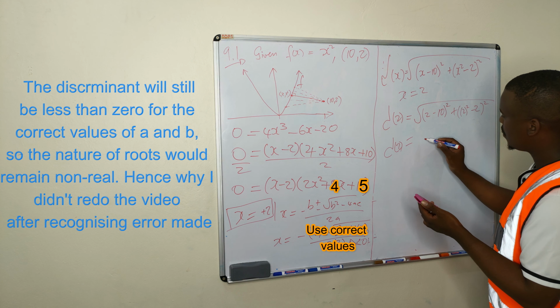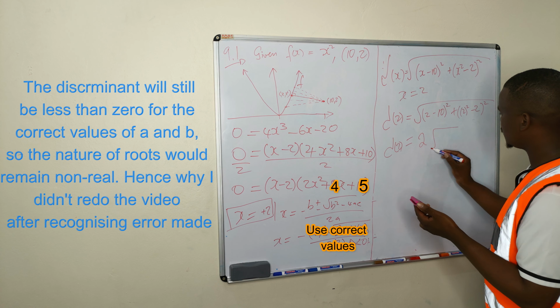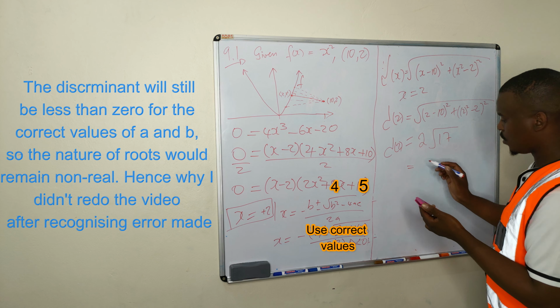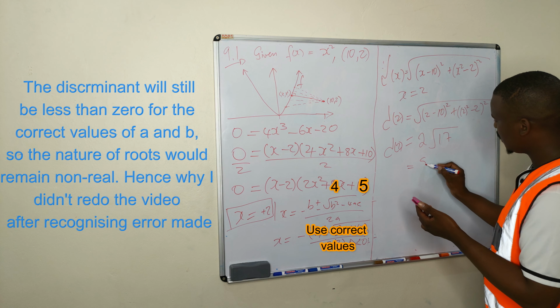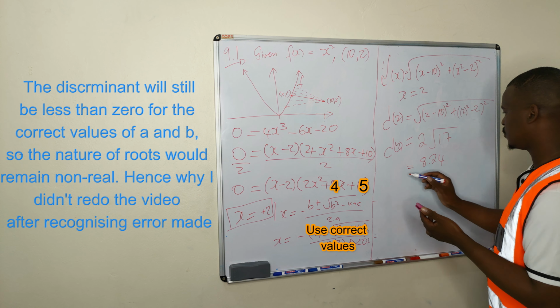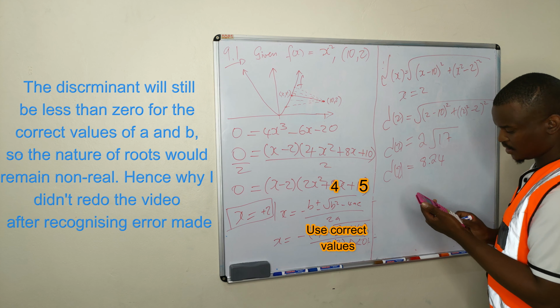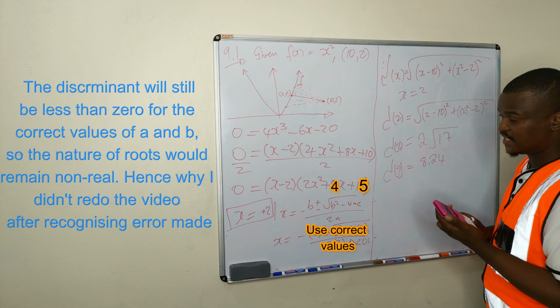So our minimum distance is 2 root 17, which is equal to 8.24. So this is our minimum distance. I hope this is correct.